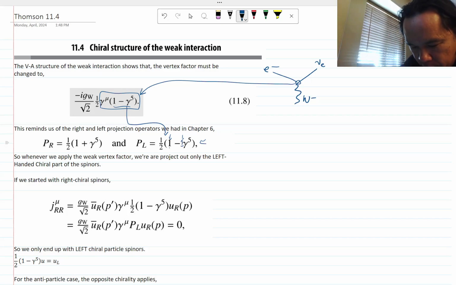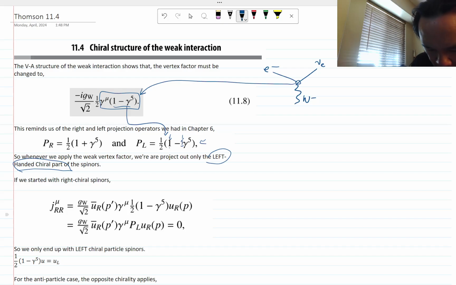What this does is that whenever you have the weak interaction, it literally projects out only the left-handed particle. And we're going to talk about antiparticles in a little bit because that's going to have a sign flip everywhere. So when we're dealing with the weak interaction, you're only going to project out the left chiral part of a spinor.